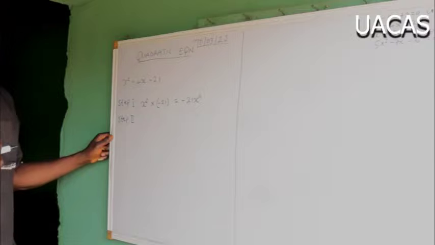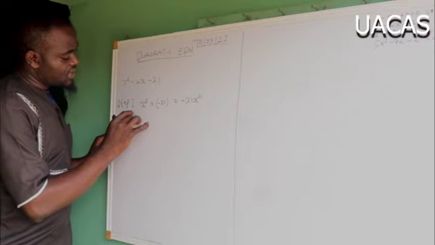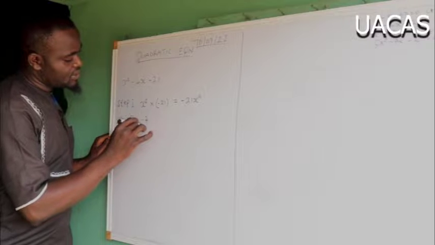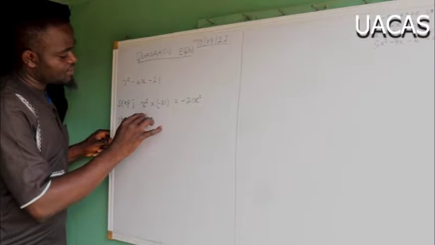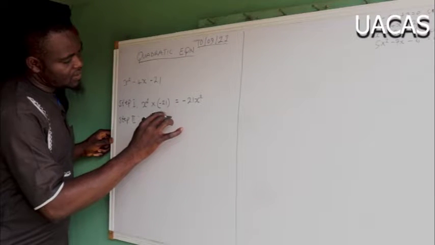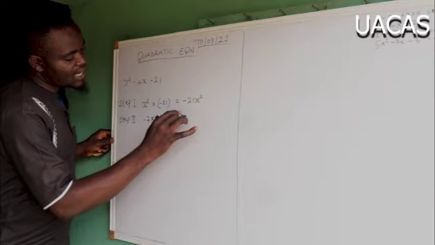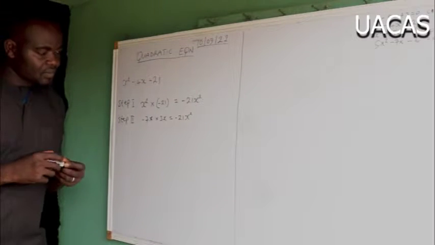Then how will I arrange it? It's okay. Minus 7x times 3x will give me minus 21x squared, which is the same product.